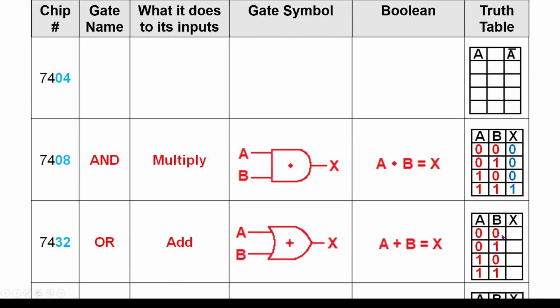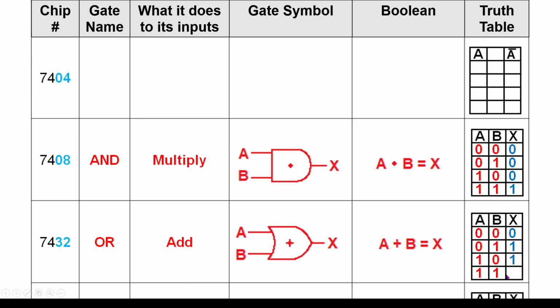So let's see if this thing holds out. 0 plus 0. Well, that result is 0. 0 plus 1. Well, 0 plus 1, that's a 1, right? 1 plus 0, well, that's also a 1. And 1 plus 1.